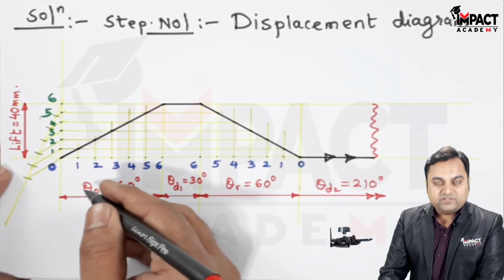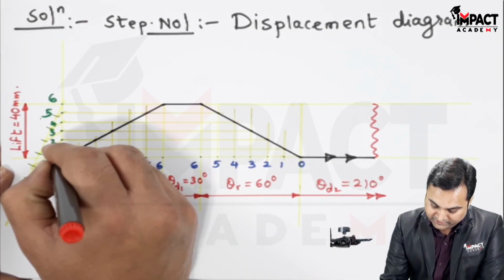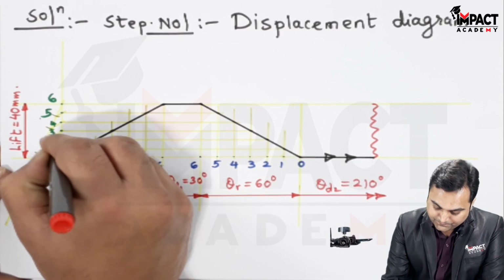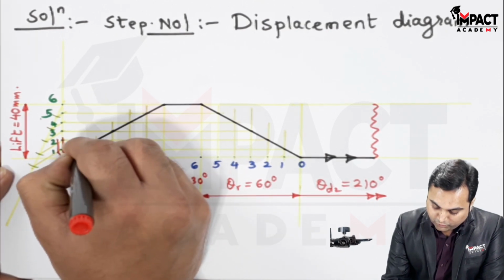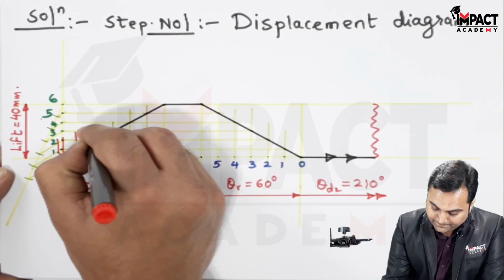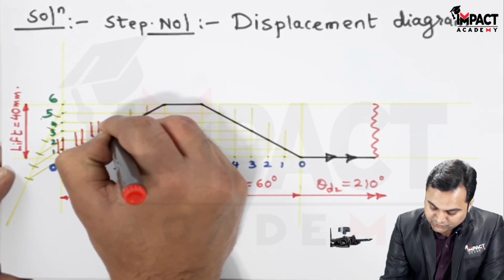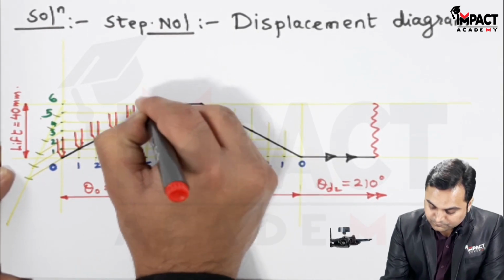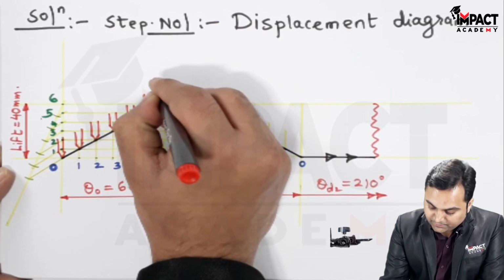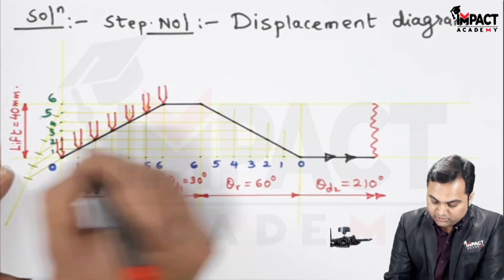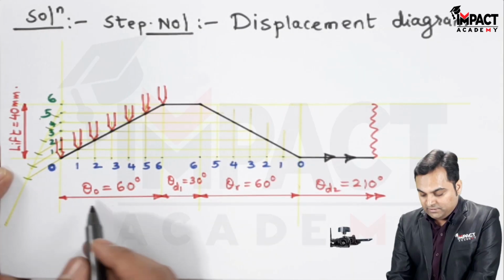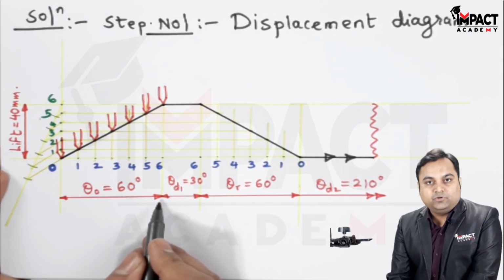Here there is a knife edge follower given in the problem. So at first the follower is at this location, and then it will go on rising with uniform velocity as I am showing here. Finally it will reach the maximum lift or height, which is 40 mm, with uniform velocity during the 60 degree of cam rotation.